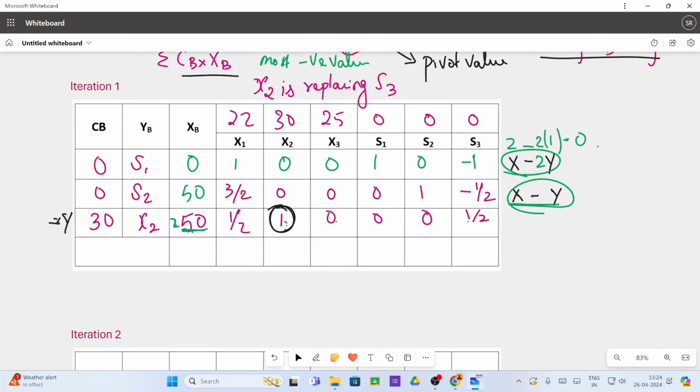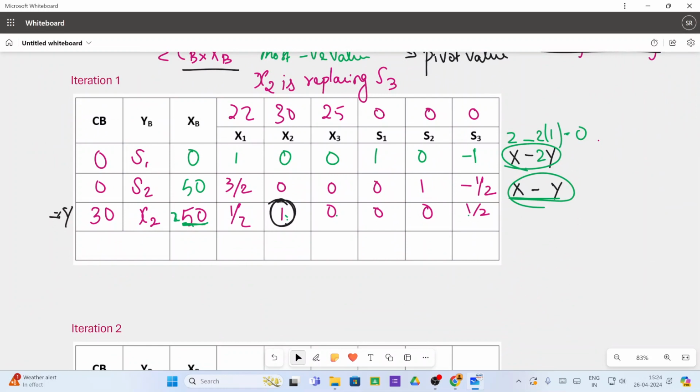In the first iteration, now we need to find out zj minus cj. You know the formula, cb into yb. So 0 into 0 is 0, 0 into 50 is 0, 30 into 50 is going to be 1500.